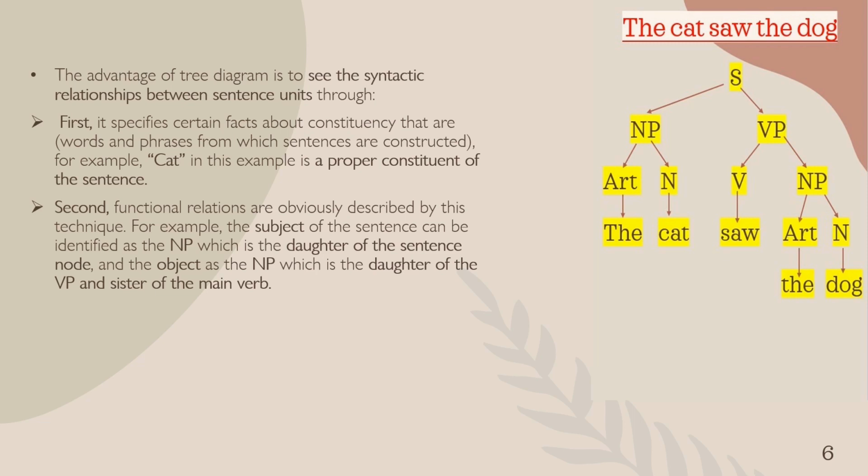Second, functional relationships are clearly described by this technique. For example, the subject of the sentence, "the cat," can be identified as the noun phrase which is the daughter of the sentence node, and the object, "the dog," as the noun phrase which is the daughter of the verb phrase and sister of the main verb.